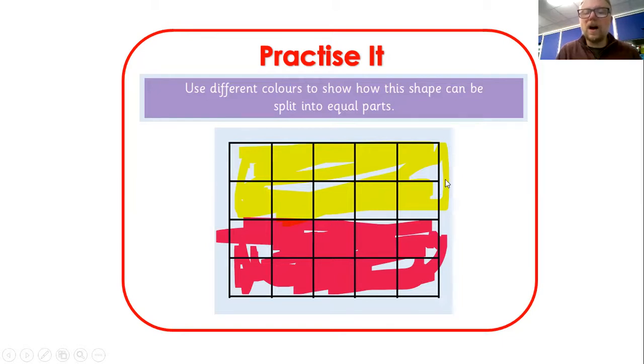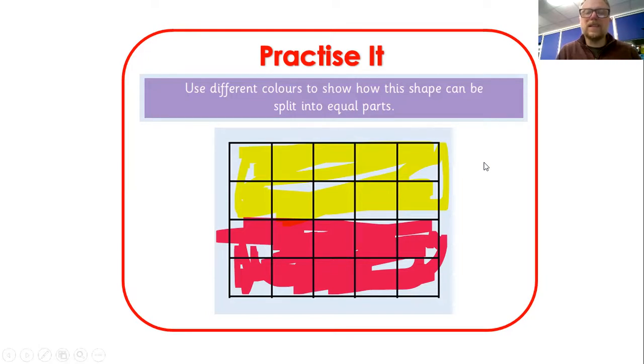So I have done halves. I should imagine some of you may have done 4 different coloured stripes. Then you would have done quarters. Or you may have done this, your stripes going the other way. And if you've got 5 different stripes, then you have coloured it into fifths. So there's lots of different ways of doing it.